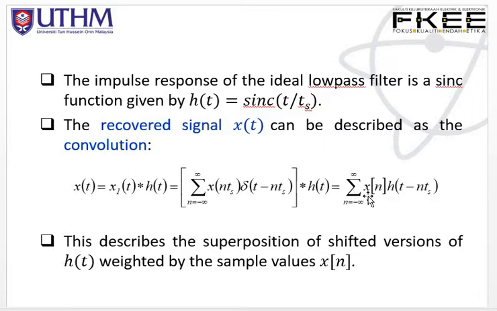This is already the discrete signal x(n) multiplied with the impulse response. This describes the superposition of shifted versions of h(t) weighted by the sample values x(n).